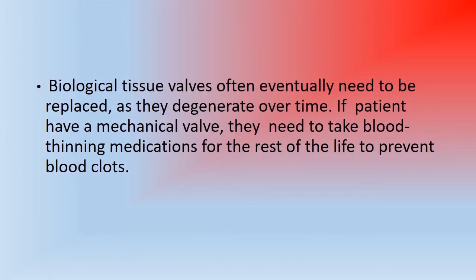Biological tissue valves often eventually need to be replaced as they degenerate over time, and if the patient undergoes a mechanical valve replacement, they have to continue blood thinning medications for the rest of their life to prevent further blood clots.